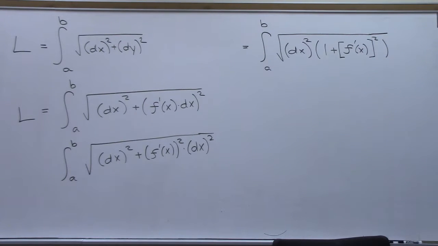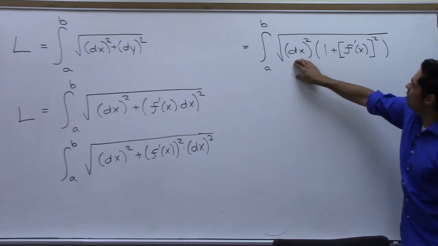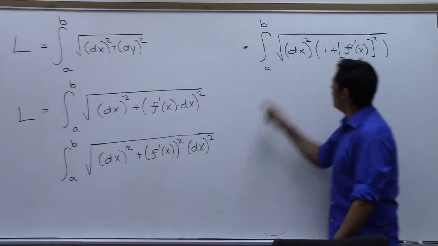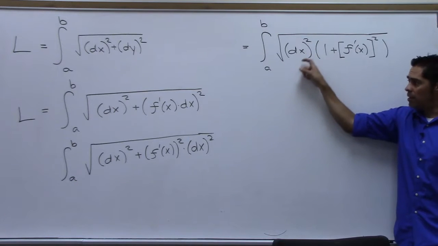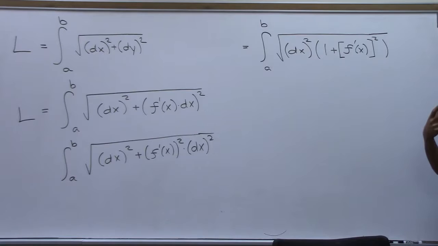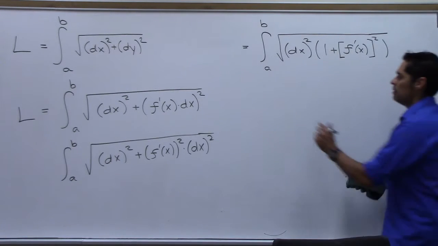I don't need this in brackets, but this multiplies back through here, and you get back this. Now what can I do with the dx squared? Pull it out of the radical, but take the square root, so it's just the dx by itself, isn't it? And I'm going to pop it to the back.